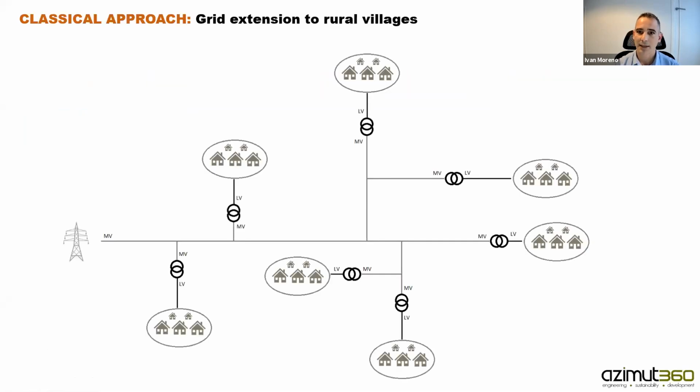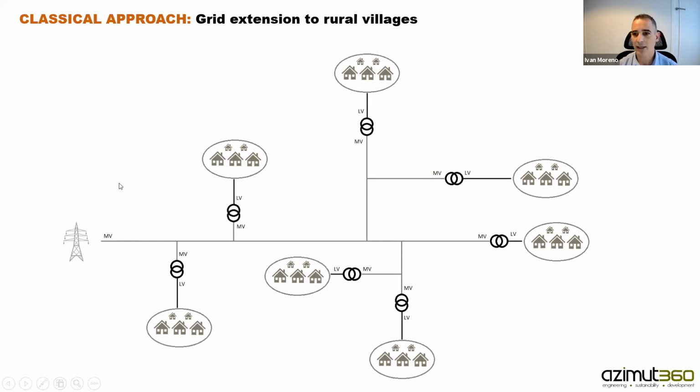we can see the classical approach, which is a typical grid extension to rural villages. Here the classical approach is when we have a national public grid, the so-called utility grid.